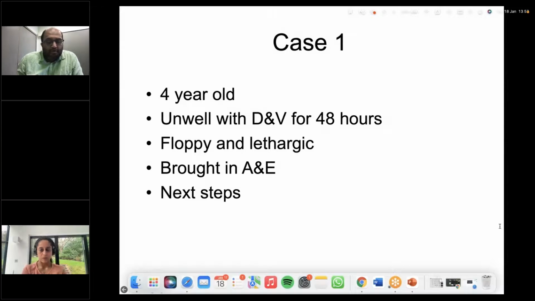Now you obviously make sure that if the child is hypoglycemic, so this is a 4-year-old, what blood glucose would you say you will be taking a hypoglycemia screen? Any number?